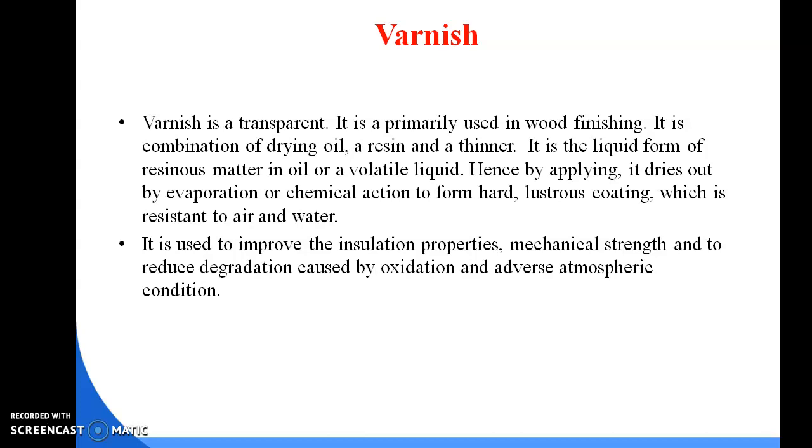It is a liquid form of resinous matter in oil or a volatile liquid, and when applied it dries out by evaporation or chemical action to form a hard and lustrous coating, which is resistant to air and water.